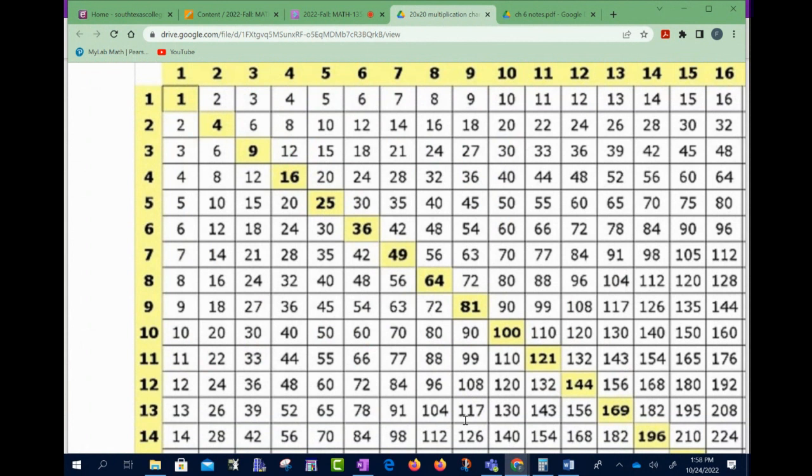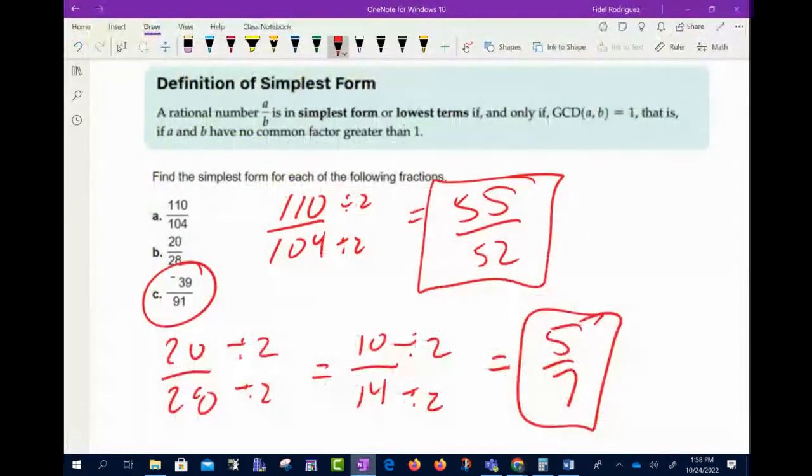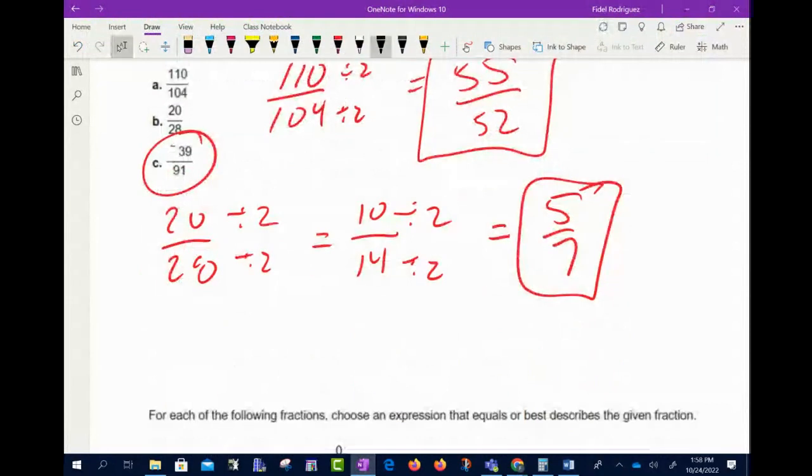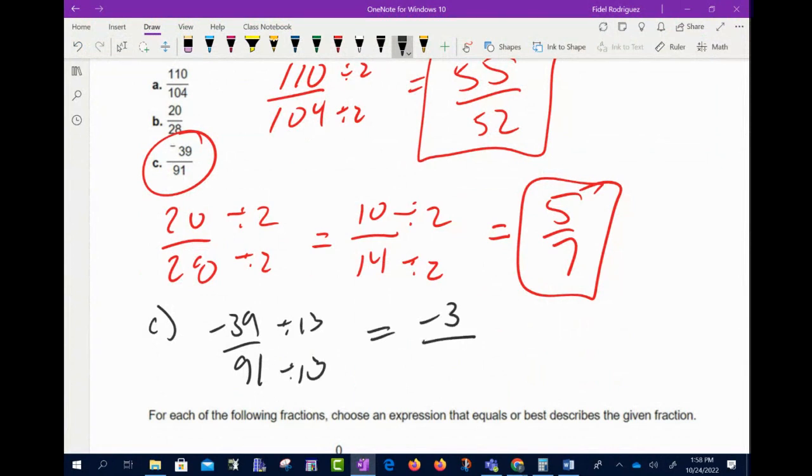That tells me I can divide both 39 and 91 by 13. And 13 goes into 39 3 times, and 13 goes into 91 7 times, right? So for part C, I can say, look, we're dividing them both by 13. That's a negative 3, and that is a positive 7. Okay.